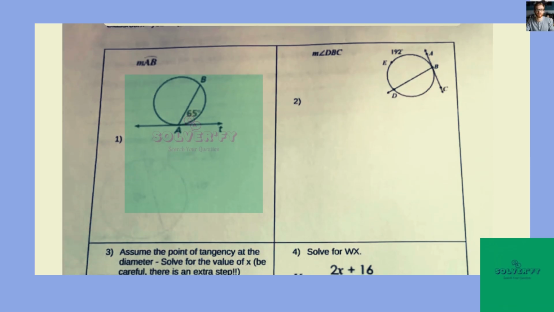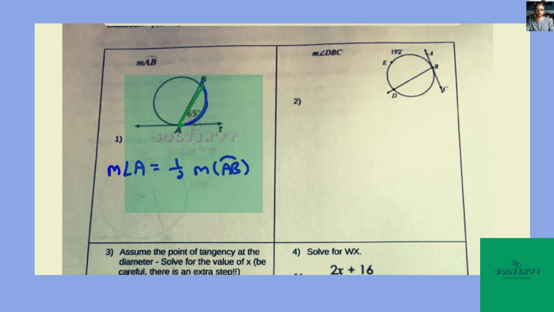Number one, we want to find the measure in degrees of arc AB. Since we have an inscribed angle that is opening up to that arc, the rule is that the measure of the angle is half of the measure of the intercepted arc.